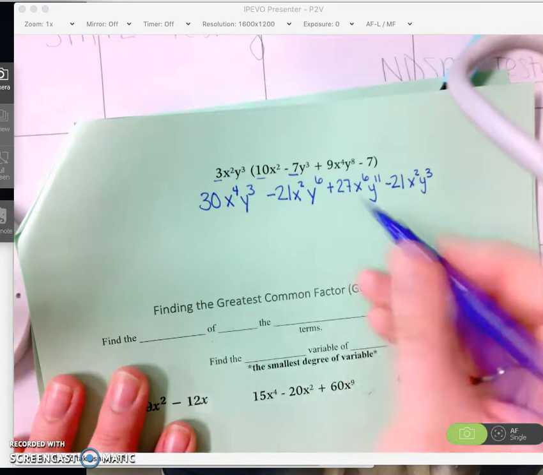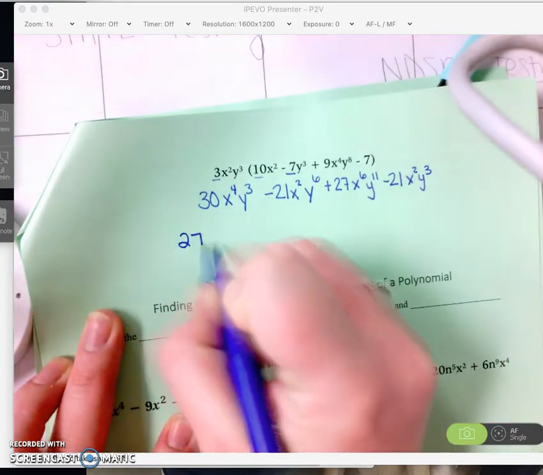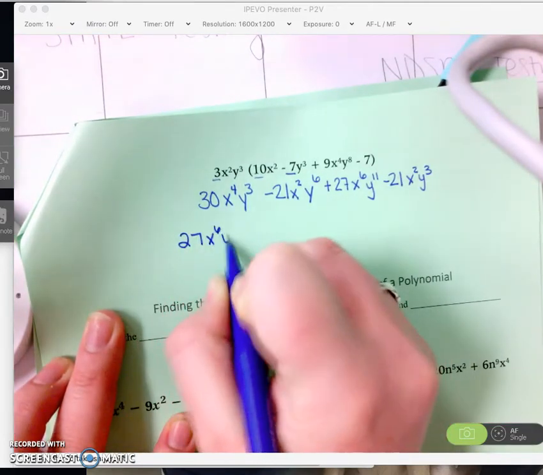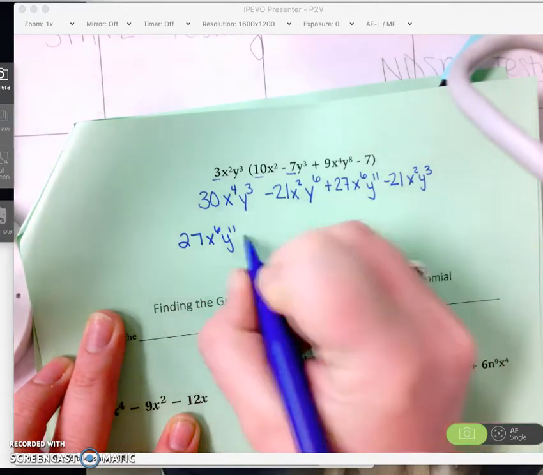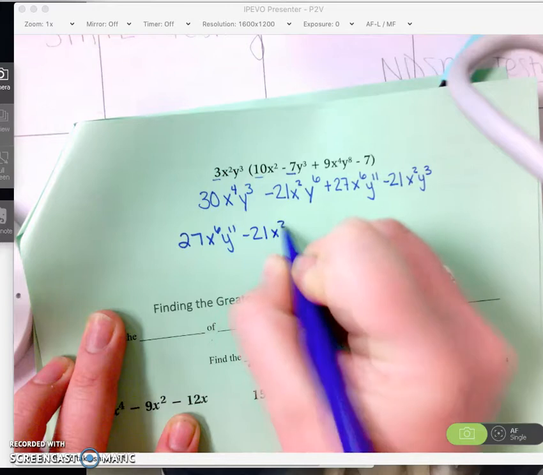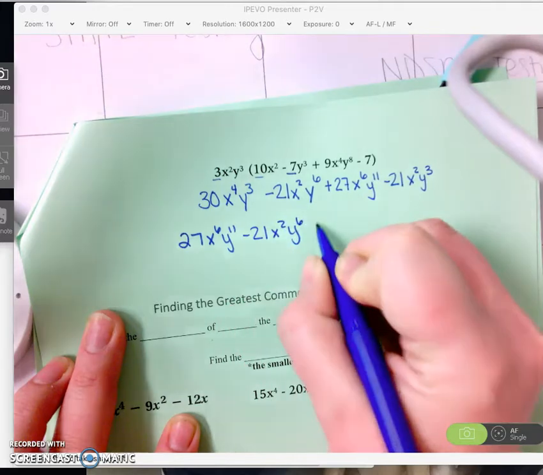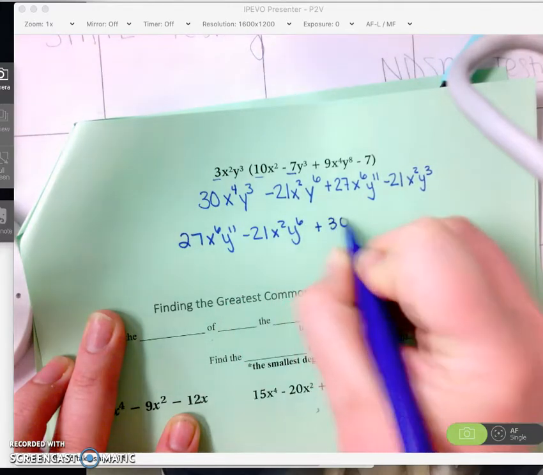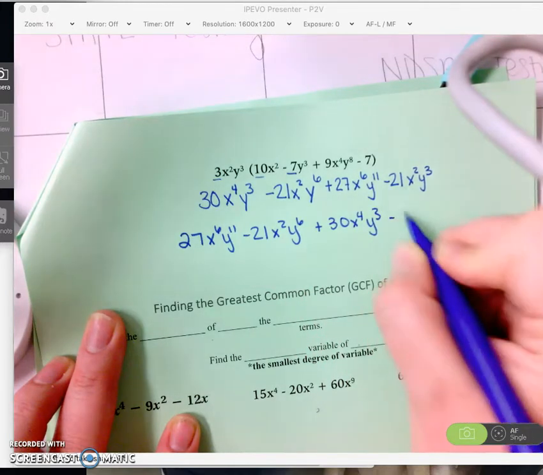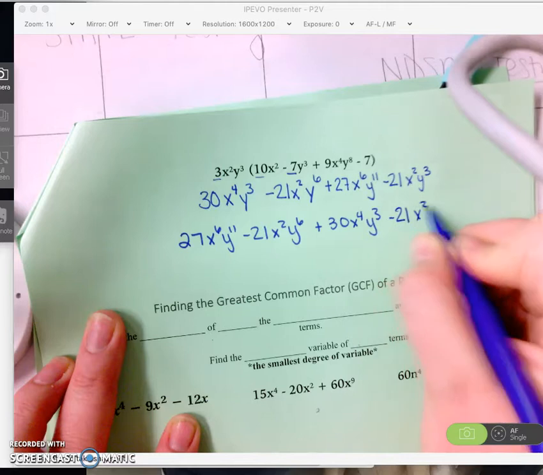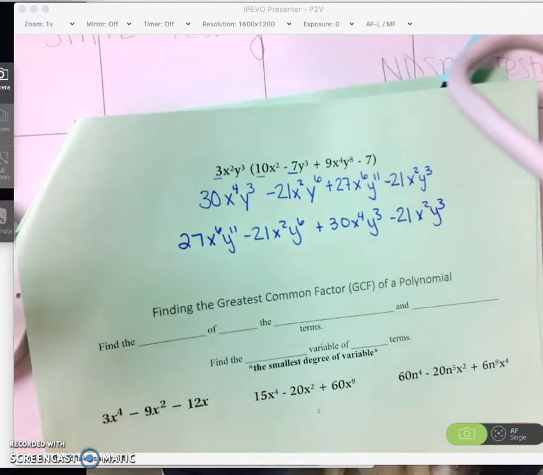So I'm going to write the 17th first. So 27, x to the 6th, y to the 11th. Then minus 21, x to the 2nd, y to the 6th. This one was 7, so plus 30, x to the 4th, y to the 3rd. And then my last one, minus 21, x to the 2nd, y to the 3rd.